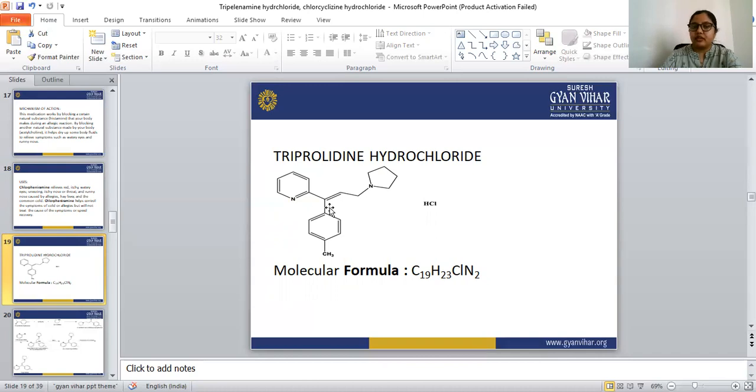This is the way we can count the carbon and hydrogen numbers present in the structure. So the molecular formula contains 19 carbons, 23 hydrogens, 1 chloride, and 2 nitrogens: C19H23ClN2.